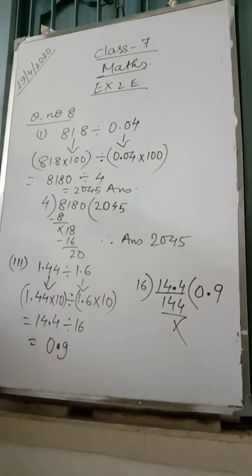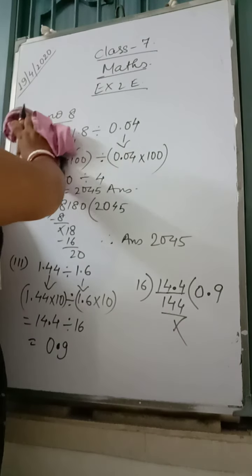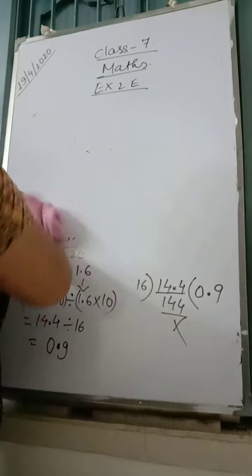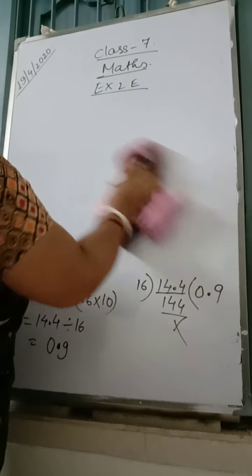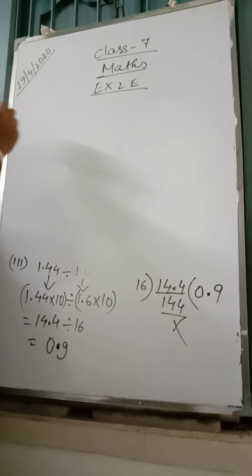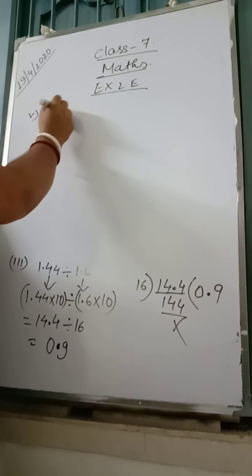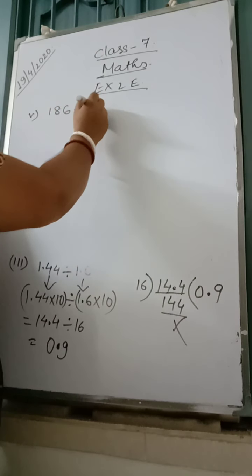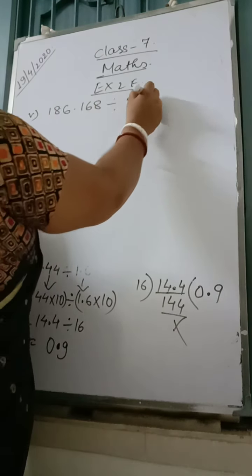Look at one more I am explaining. Maybe question number 5. It is given 186.168 divided by 2.4.